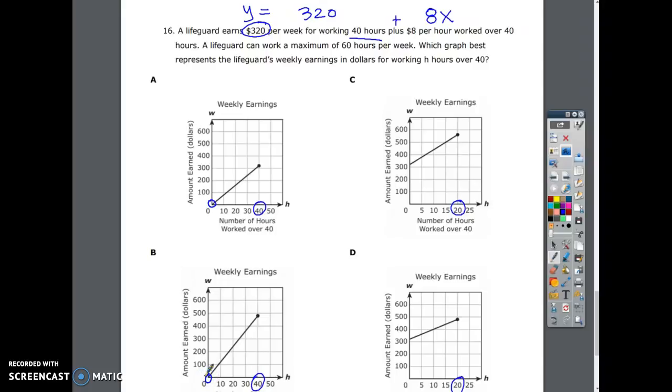So which ones can I eliminate? I can eliminate A and B. Those are not my answers. Okay, I didn't start with $0. I started with $320. So it has to be one of these two. Okay, so I would put that equation in Desmos and figure out which one of these two is correct. At 20 hours, how much does he get paid?